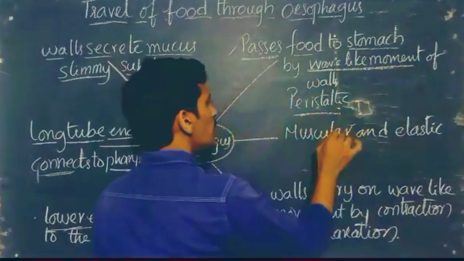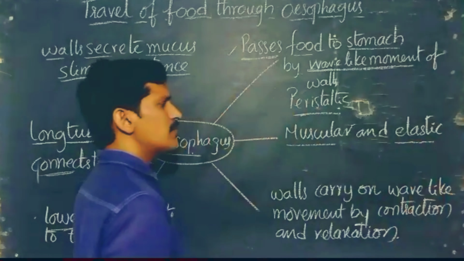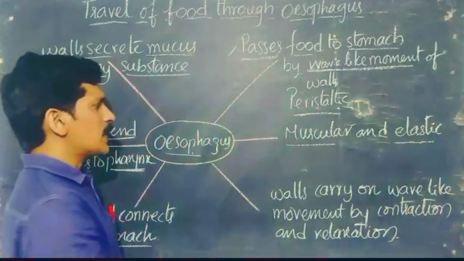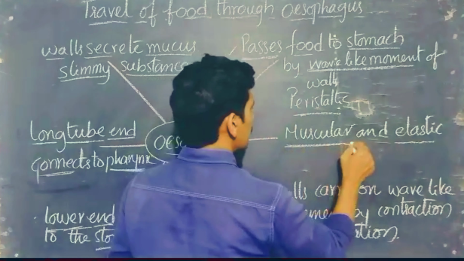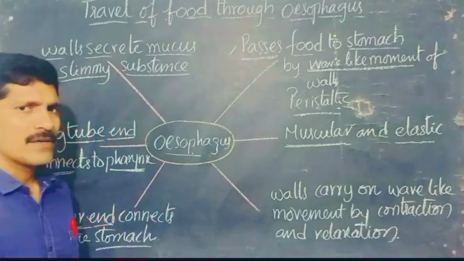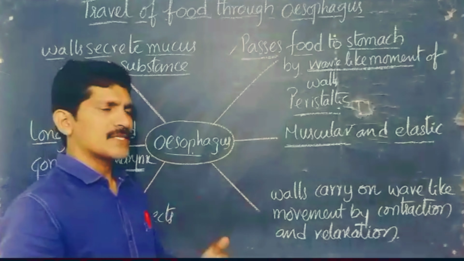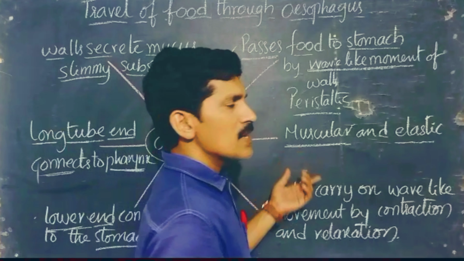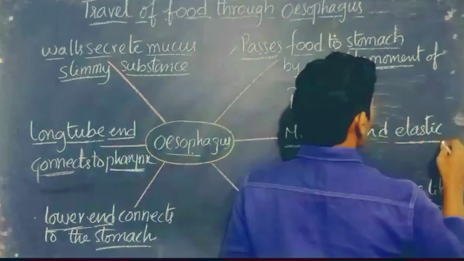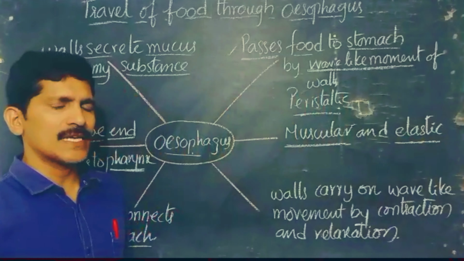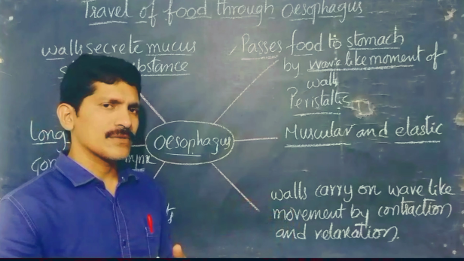And what kind of structure is it? The esophagus is made up of muscle. It's a tube made up of muscle, so it is called a muscular structure. The muscles are elastic in nature: they can expand and they can reduce.